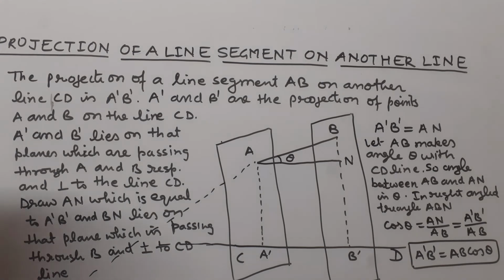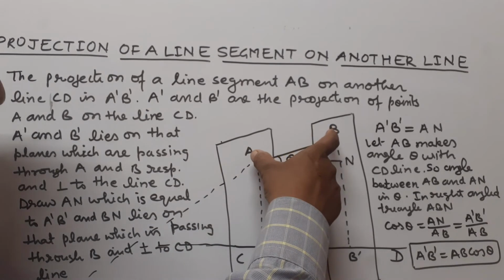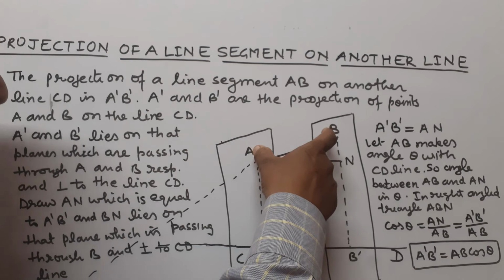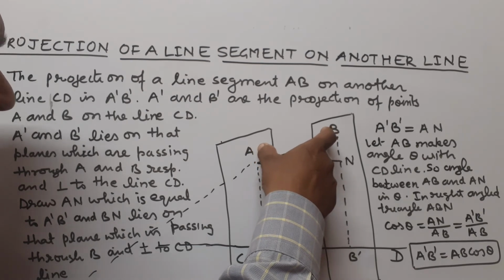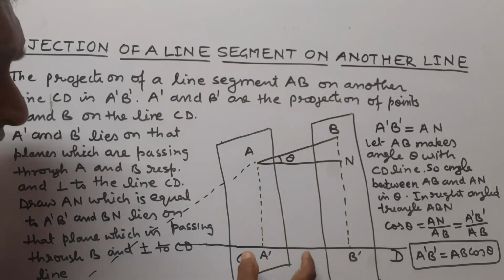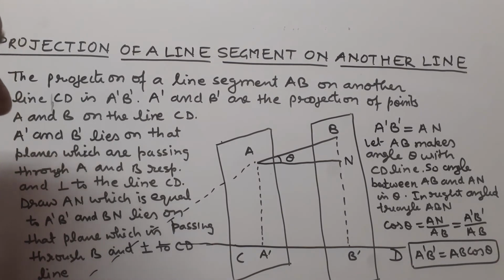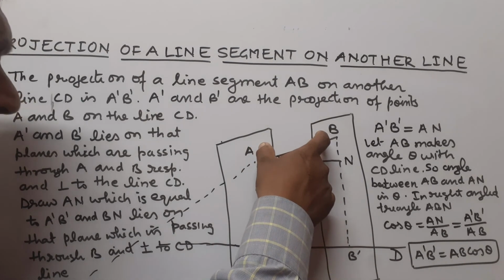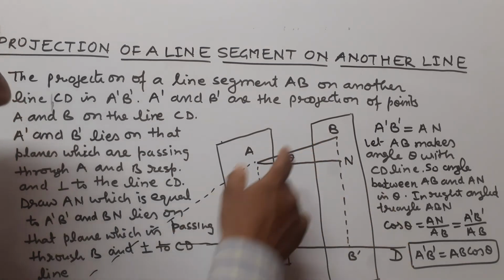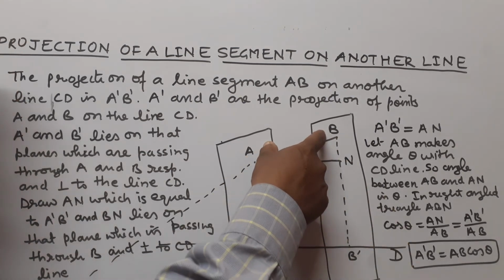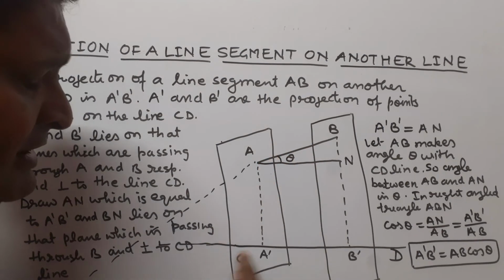You can see once more. Here AB is a line segment of a given line and CD is another line. Here A dash B dash is the projection of line segment AB on this line CD. AB is a line segment of a given line, CD is another line.